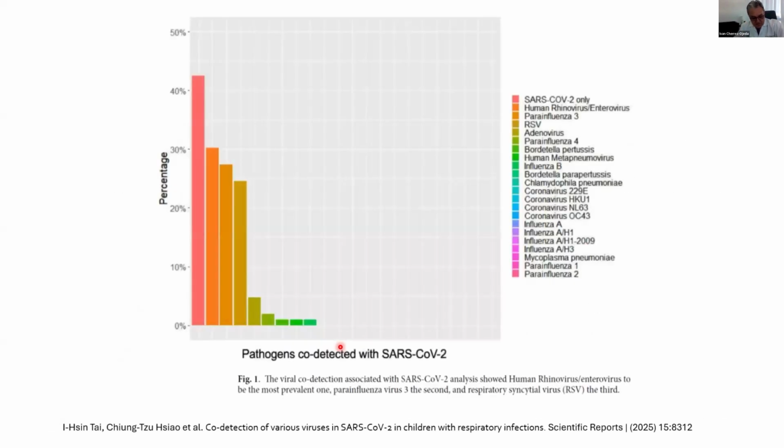In a recent publication, the authors identified a characteristic pattern of SARS-CoV-2 associated co-detection, with a notable emphasis on the co-detection of human rhinovirus, enterovirus, parainfluenza 3, and respiratory syncytial virus, alongside SARS-CoV-2. The analysis showed that human rhinovirus/enterovirus is the most prevalent, followed by parainfluenza 3 and RSV.